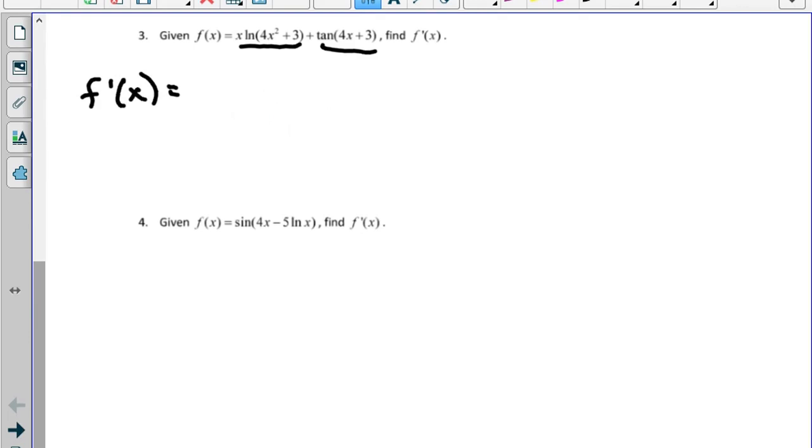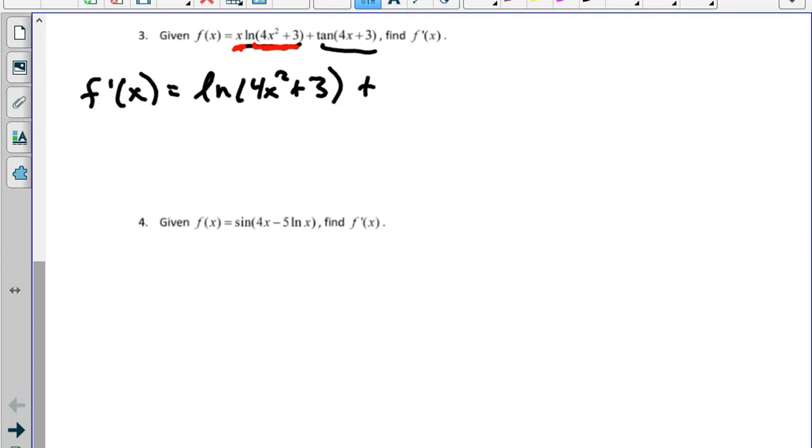So I'm going to take the derivative of the first part, which is x, and then we also have a second part, natural log of 4x squared plus 3. So the derivative of the first part, the derivative of x, is 1 times the second part, natural log of 4x squared plus 3. Now I'm going to add that to the derivative of the second part.